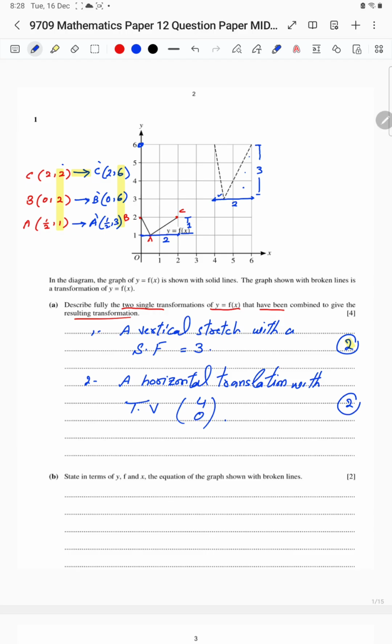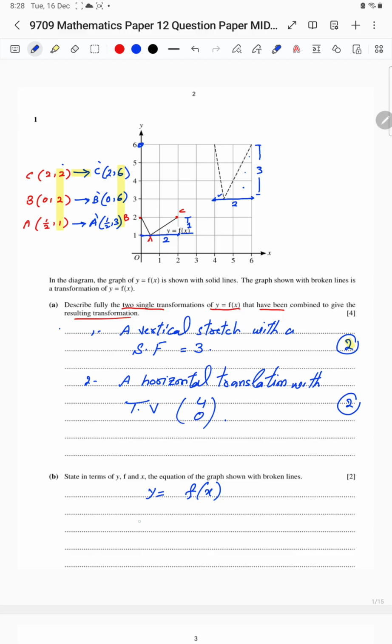Then let's see the second part. State in terms of y and f(x) the equation of the graph shown with the broken line. As the broken line has been transformed with the above part A, y = f(x) was the original.